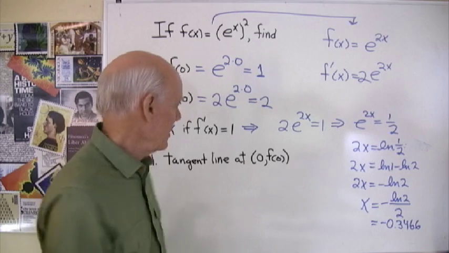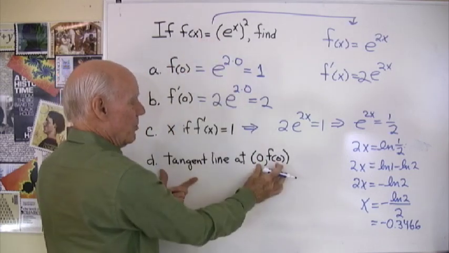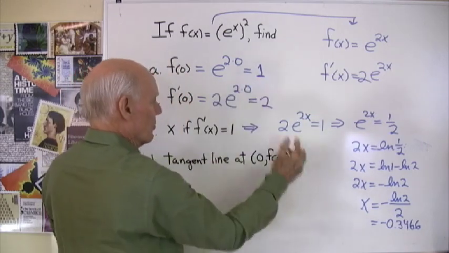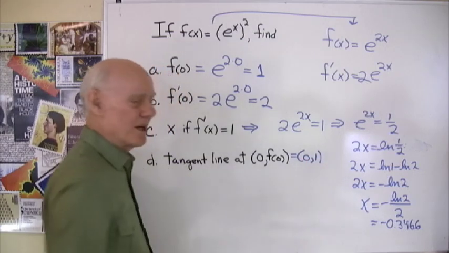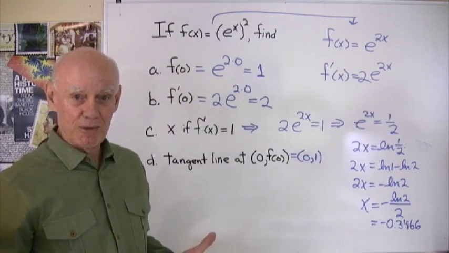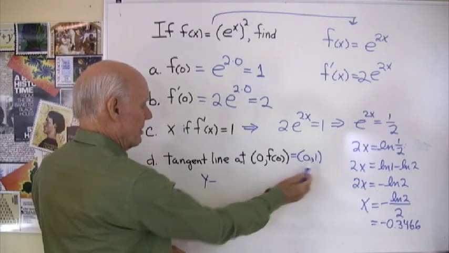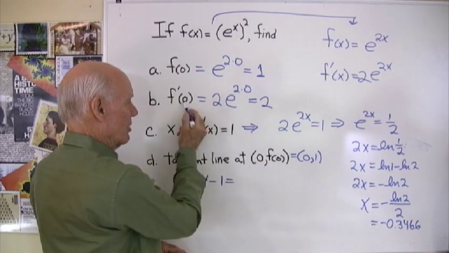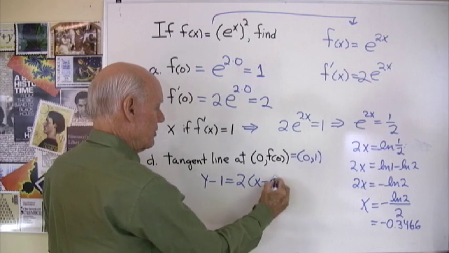Okay, next let's find the tangent line to this graph at the point 0, f of 0. Well, I know that f of 0 is equal to 1, so this is the point, x equals 0, y equals 1. So I'll use my point slope form of the equation of the line, and I'll have y minus y1 is equal to m, the slope at 0, which I've already found is 2, times x minus 0.